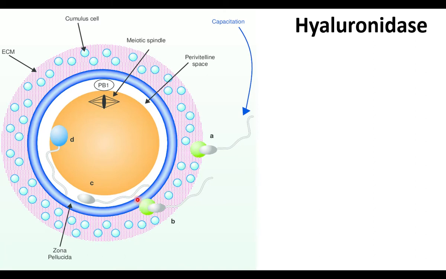It dissolves egg membrane so that the sperm enters into the egg, and then the sperm nucleus fuses with the egg nucleus and forms a zygote. Zygote is the fertilized egg. We will see the development of zygote into the new young one in the forthcoming video.